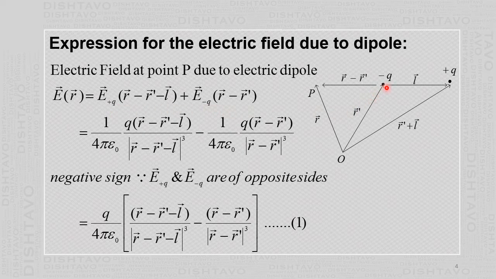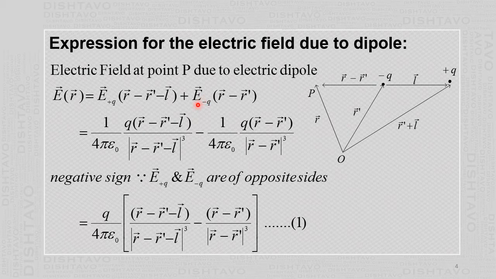Then the electric field due to charge minus Q, we write vector E suffix minus Q, and from here to here the distance is R minus R dash. Then we use the formula which we stated in the earlier slide. The electric field due to charge plus Q is 1 upon 4 pi epsilon 0, Q into the position vector divided by the magnitude of the position vector cubed.